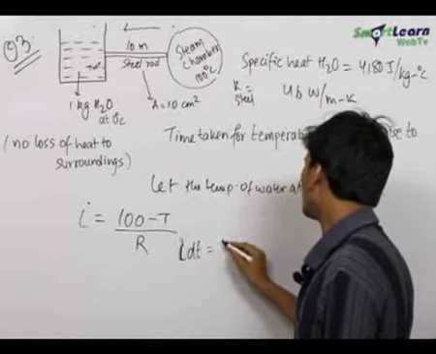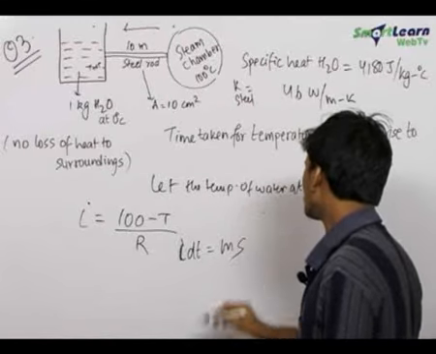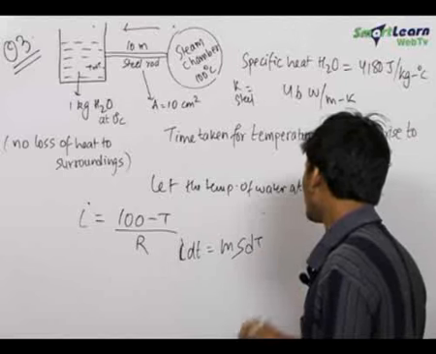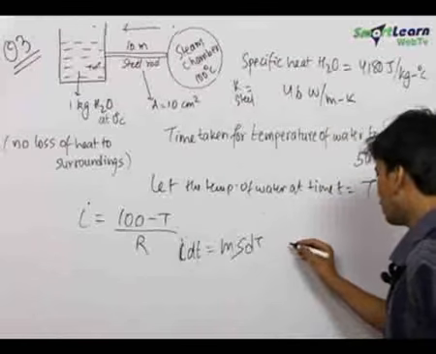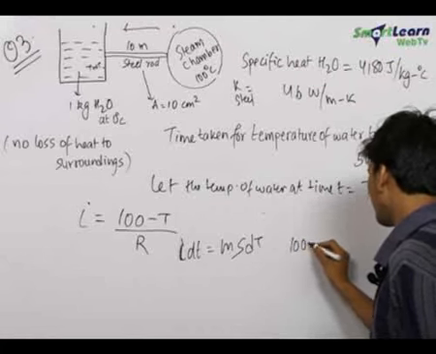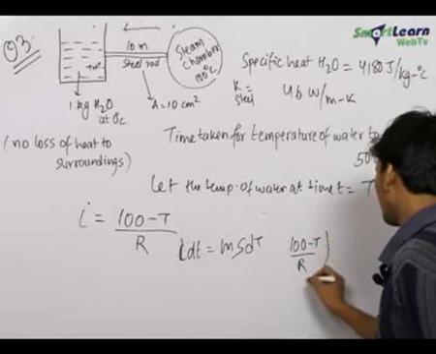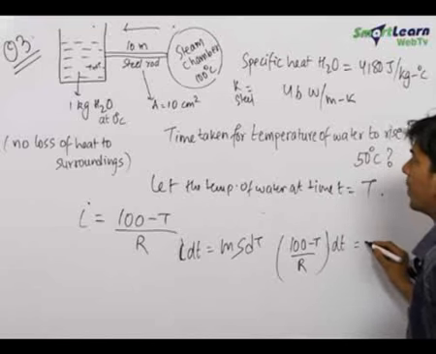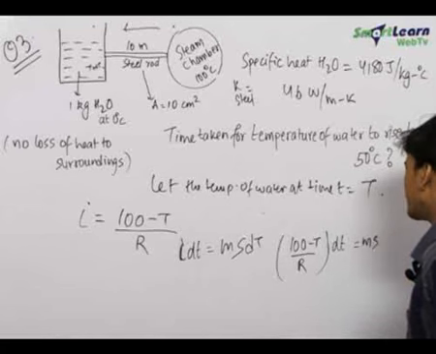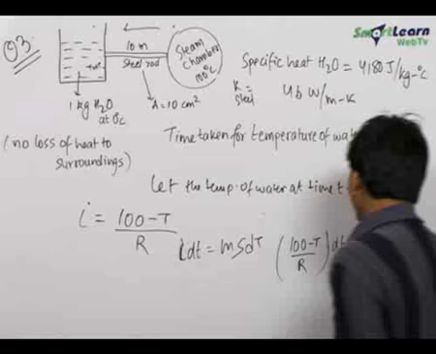This is equal to the mass of water into the specific heat of water into the small change in temperature of the water. Now the value of I is known, so we write 100 minus T upon R into dt, equal to mass of water into specific heat of water into small change in temperature.